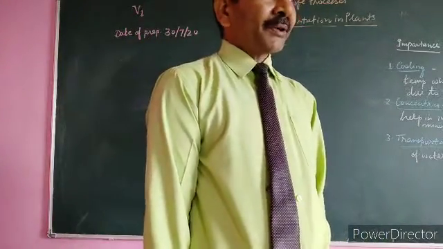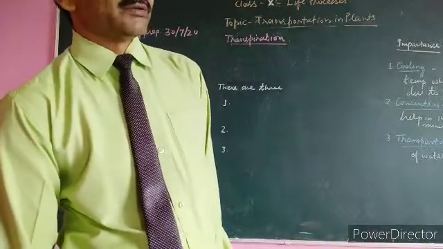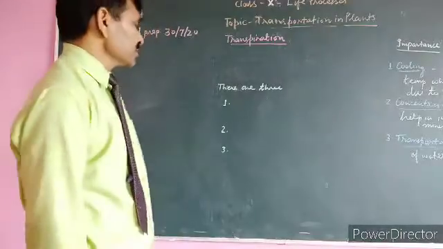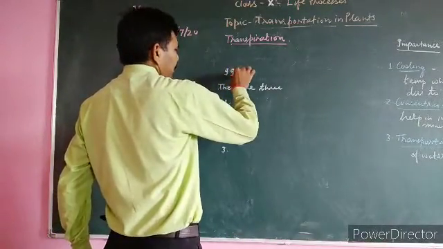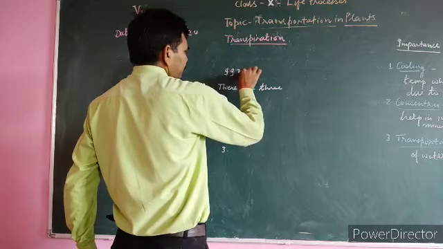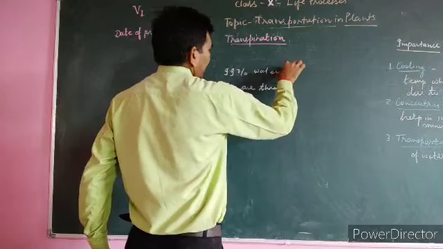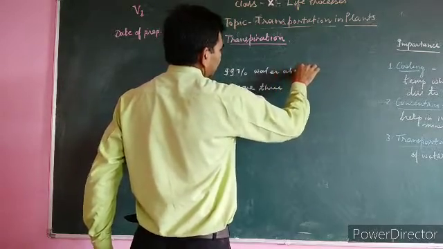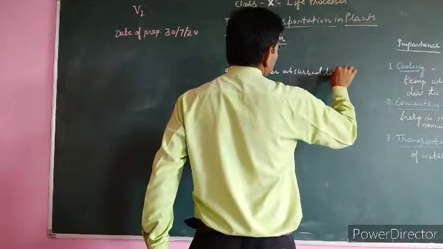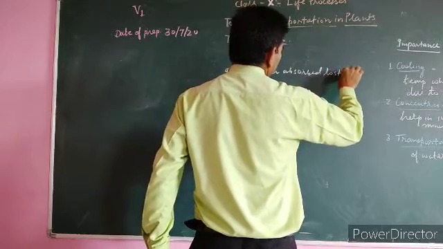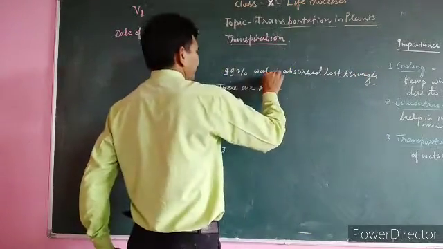About 99% of the water absorbed by the plant is lost through transpiration. Water absorbed, lost through transpiration.